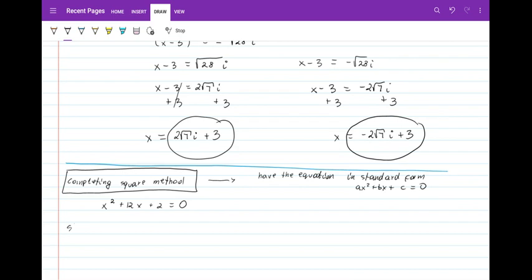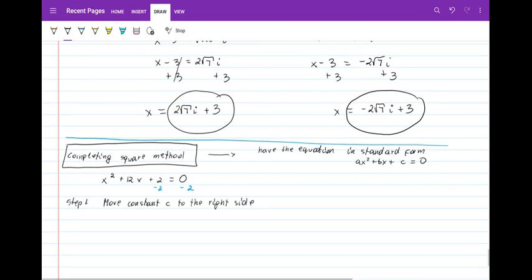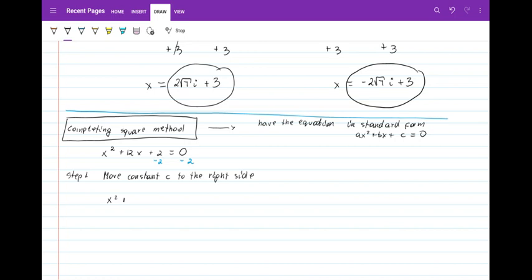So step 1 is move the constant c to the right side. In our case, we will need to subtract 2 from both sides. So that will give us x squared plus 12x equals negative 2. So this is the first step.